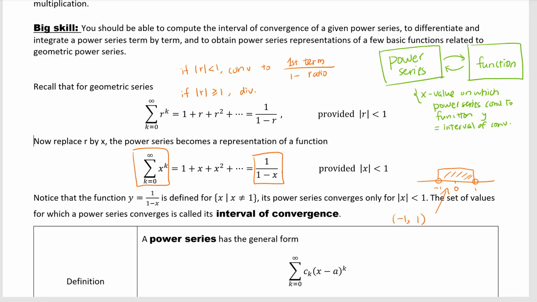Let me draw it. So this is called the interval of convergence. Okay, so in the remainder of this chapter, we're going to talk more about the relationship between the power series and the functions it represents.